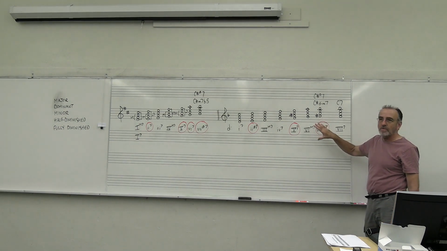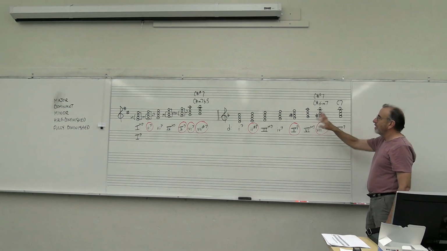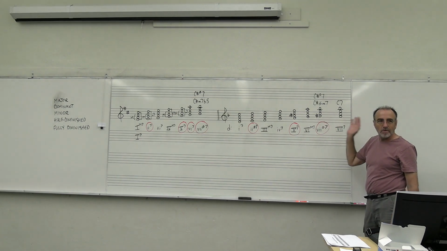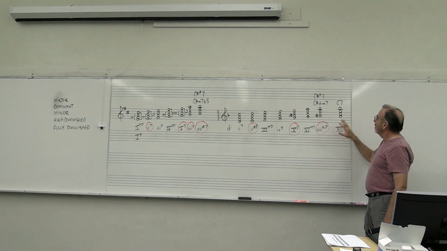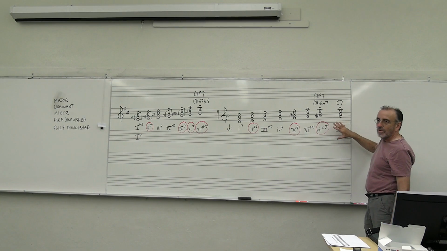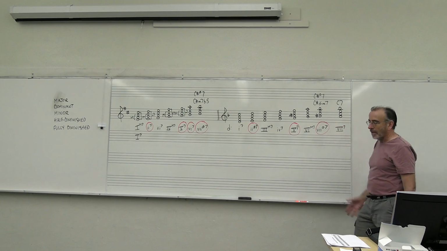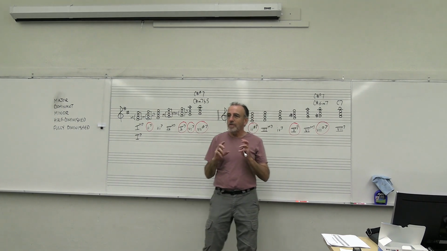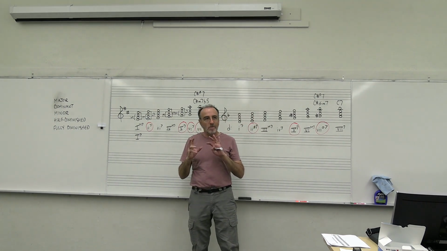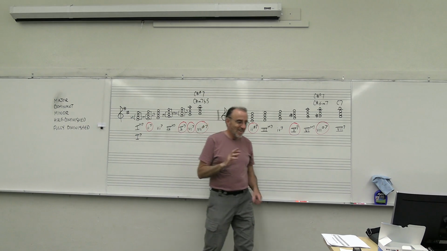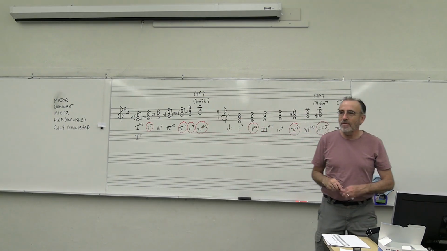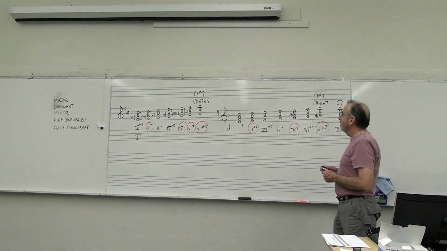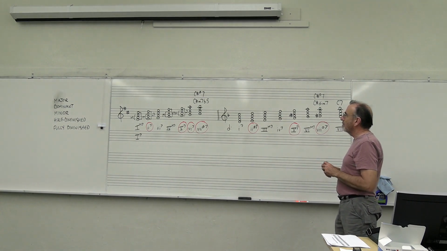But if you're fudging back and forth between major and minor, which composers sometimes do, then you could end up with this seventh chord. And like I mentioned in harmony before, minor is tricky, minor is flexible, changeable. And so you have to be careful about what's really going on in minor sometimes.